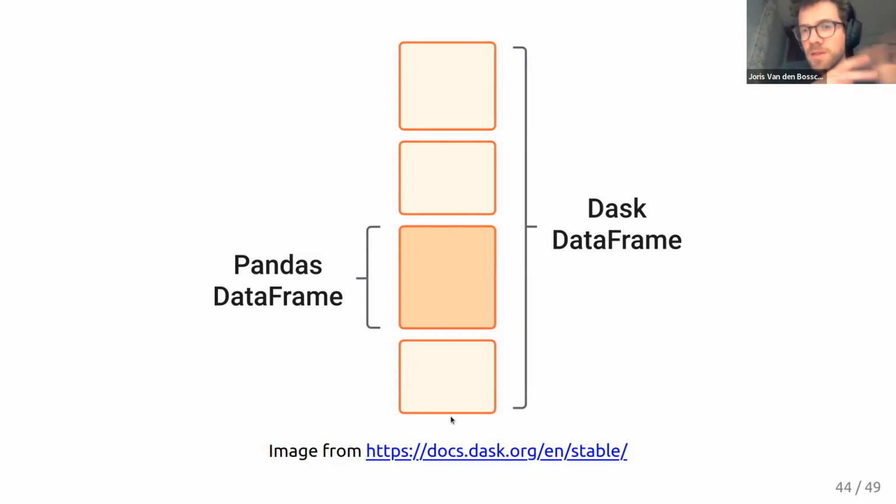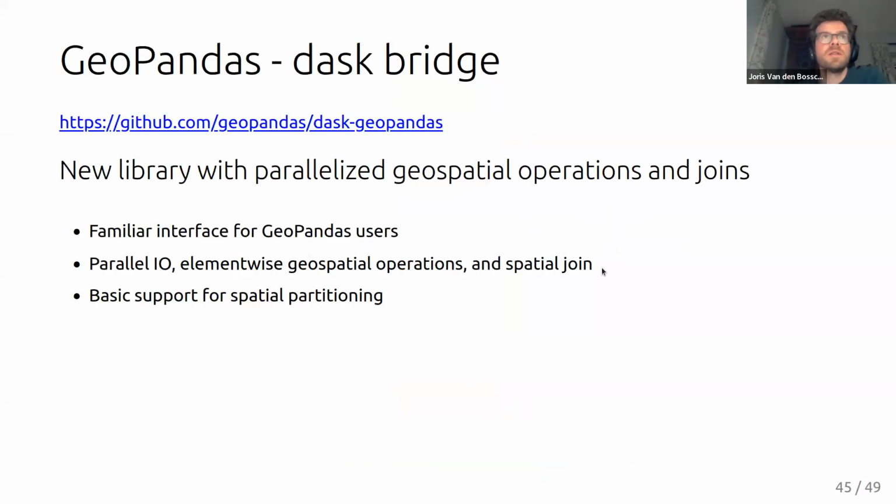Our dask-geopandas geodata frame is a subclass of the Dask data frame, where each of its partitions consists of a GeoPandas geodata frame instead of a pandas data frame. So in the same way as the Dask data frame is extending pandas data frames, the dask-geopandas project is extending or scaling up the GeoPandas geodata frame.